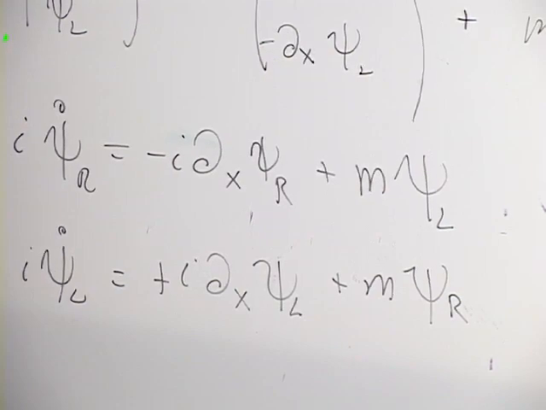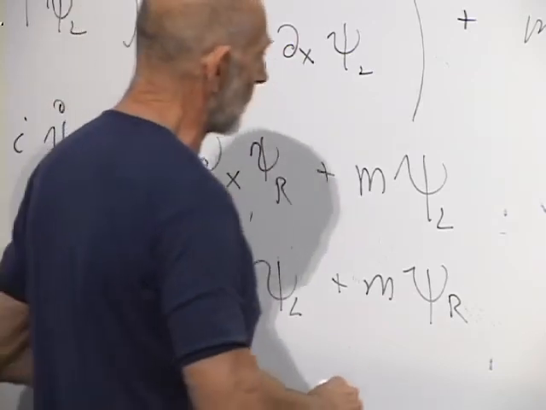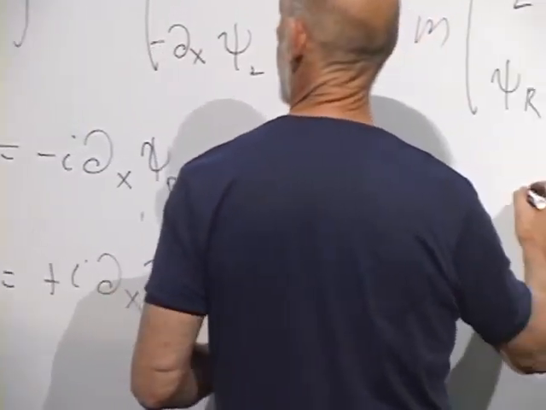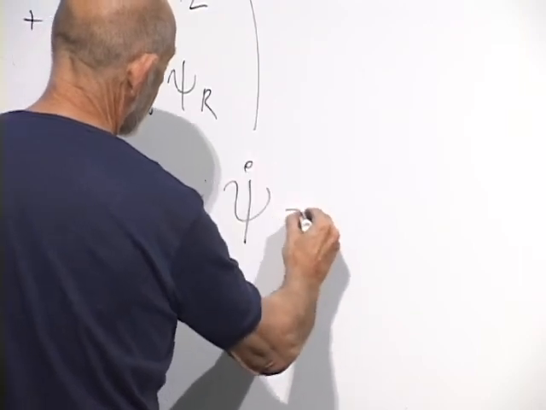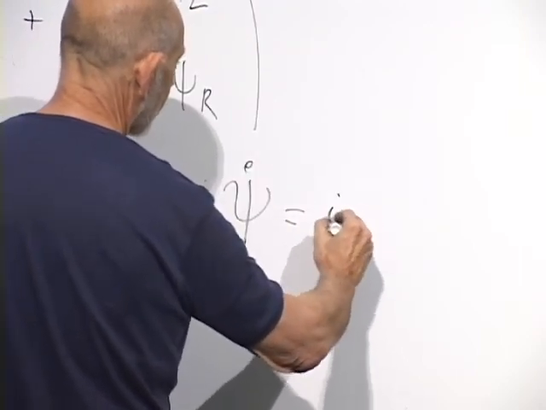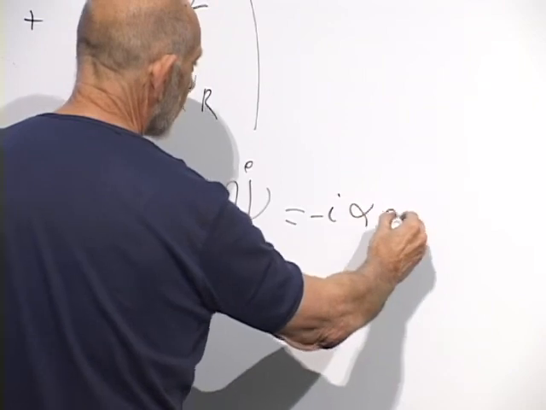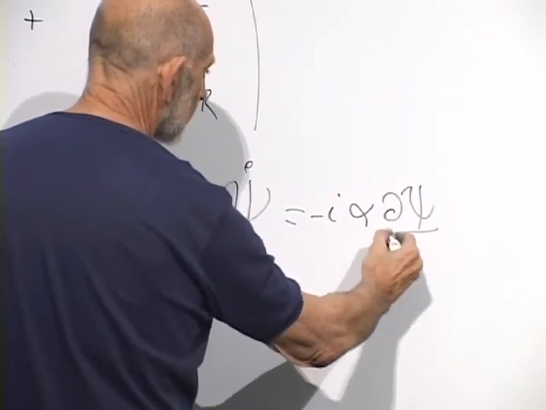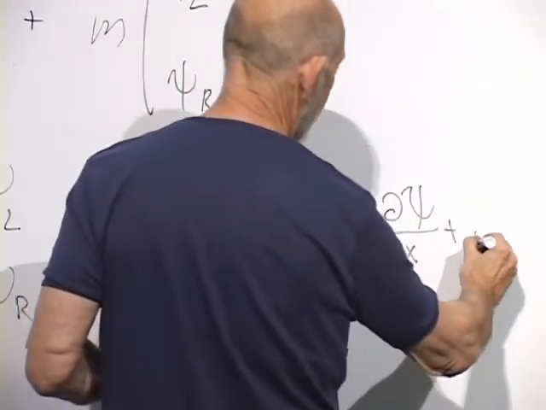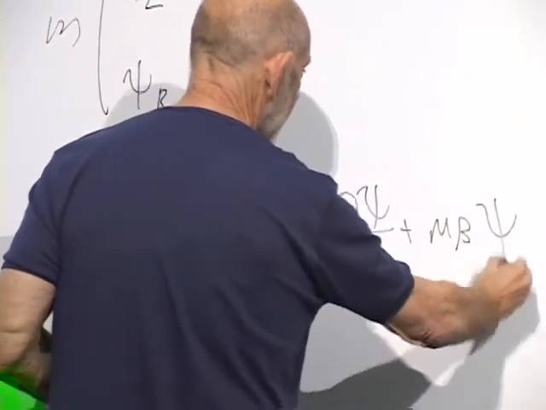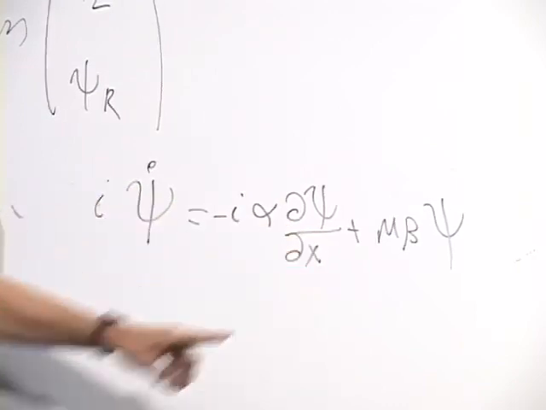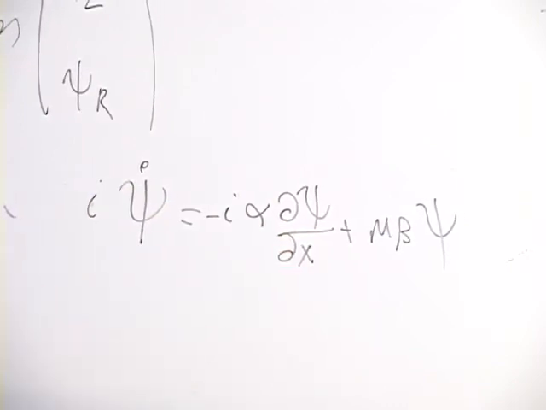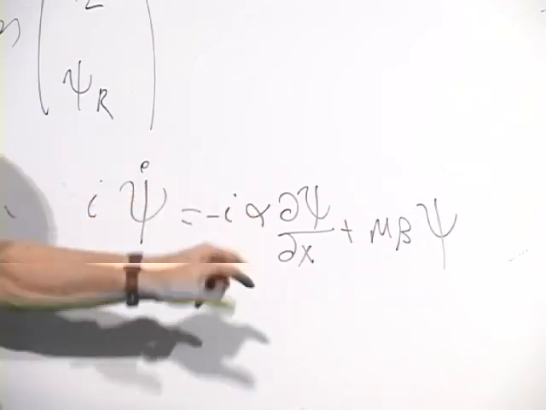You can write them in any number of forms. I can also write it as i psi dot is equal to minus i alpha d psi by dx plus m beta psi. In this form, I must remember that these are columns and that these are matrices. In the other form, it's just absolutely explicit what the equations are.